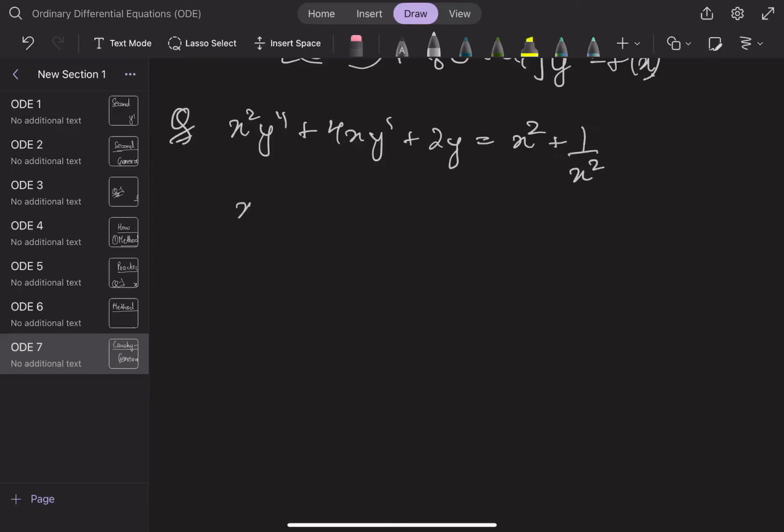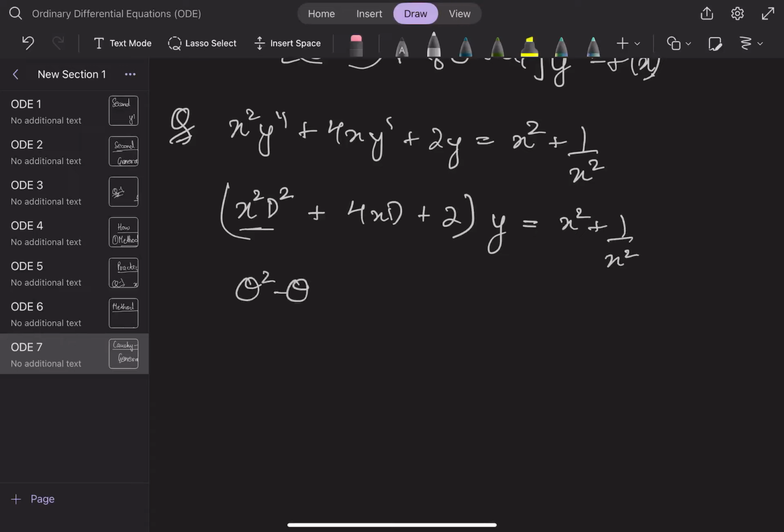So this becomes (x square D square plus 4xD plus 2) y is equal to x square plus 1 by x square. Now again, x square D square was theta square minus theta, plus 4 times xD was theta, plus 2 is equal to, now x was e raised to z, so x square becomes e raised to 2z plus 1 upon e raised to 2z.